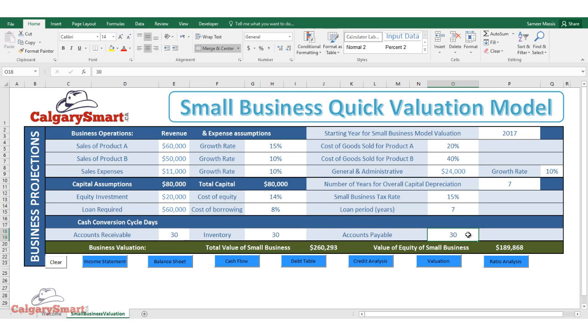Whereas if you increase the account payable days, the value of the business would increase. And you can also update the small business tax rate that you expected and see how that changes the value of the business.